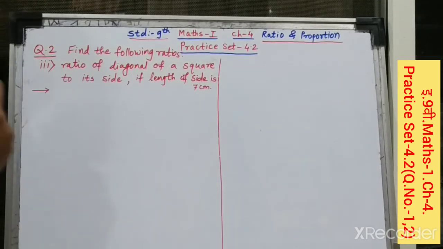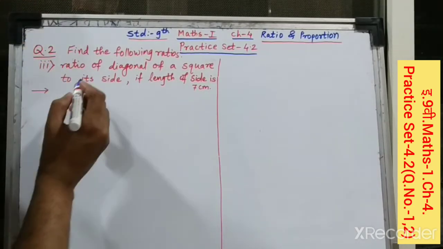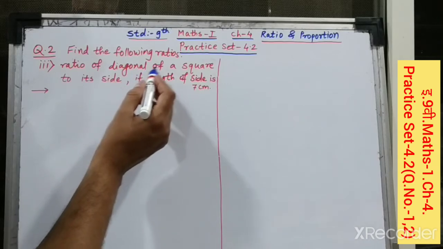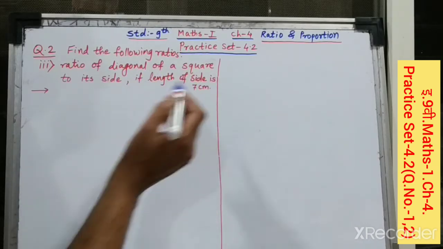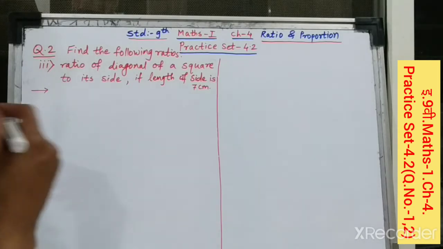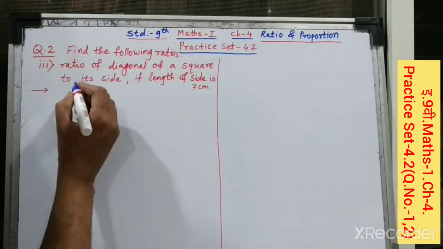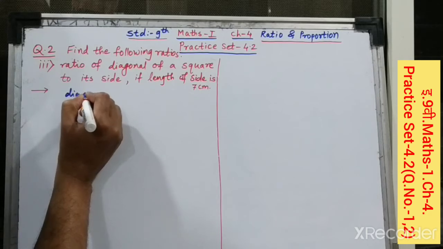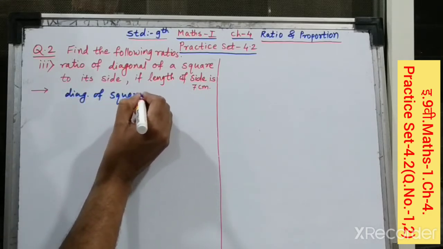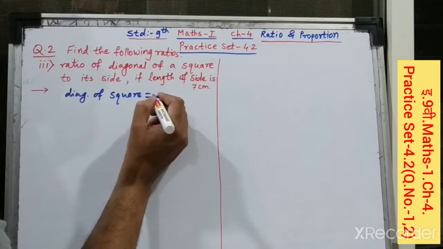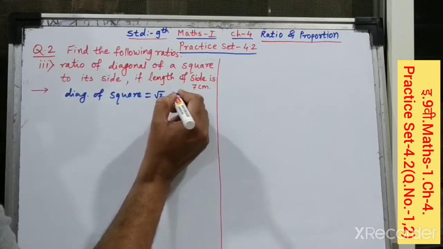Now the third sub question from question number 2. Ratio of diagonal of a square to its side if length of side is 7 centimeter. Now let us define the letters here. The diagonal of a square is equal to root 2 into side.